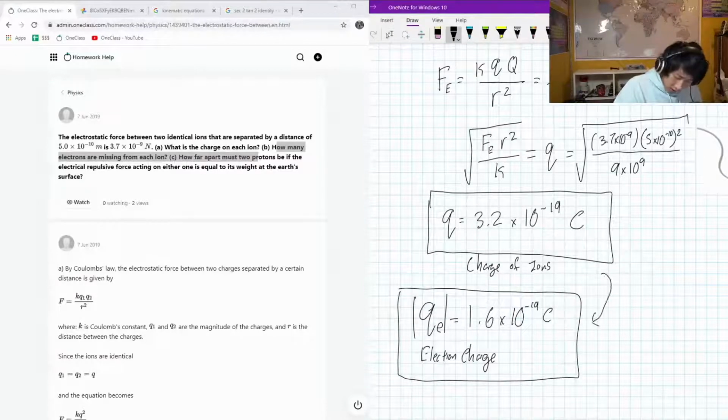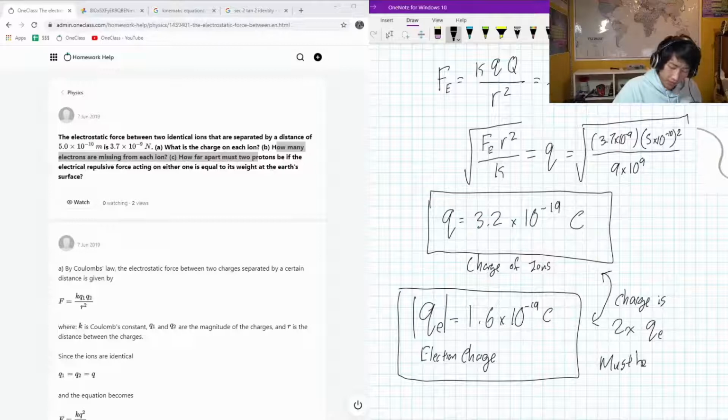So since the charge is double the electron charge, it must be 2 electrons. 2 electrons missing, that is, or 2 electrons gained.